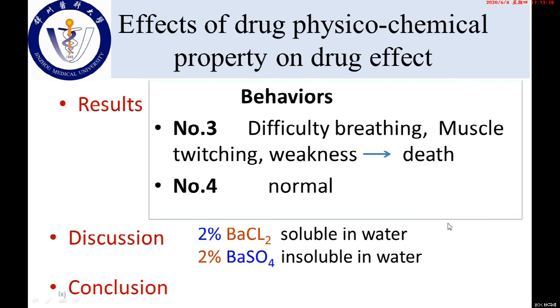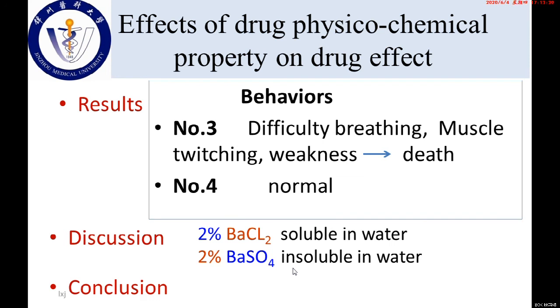It is caused by barium ion. But barium chloride and barium sulfate have different water solubility. After peritoneal injection, they have different absorption.